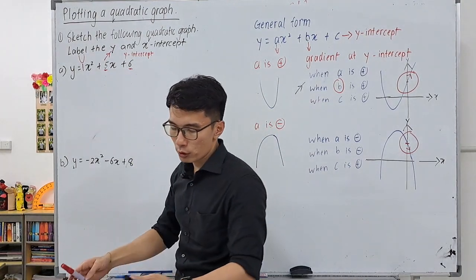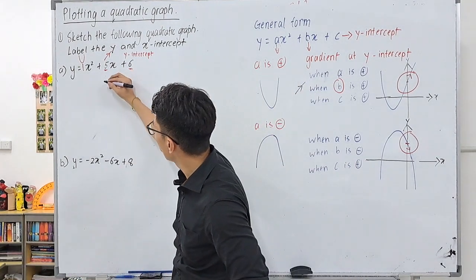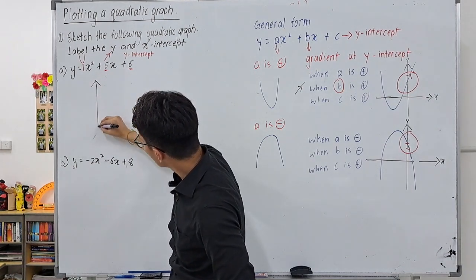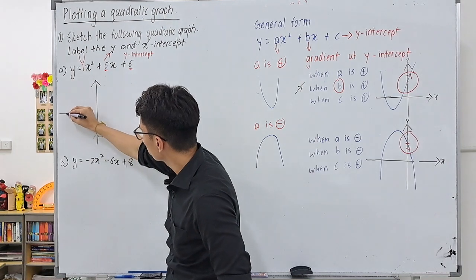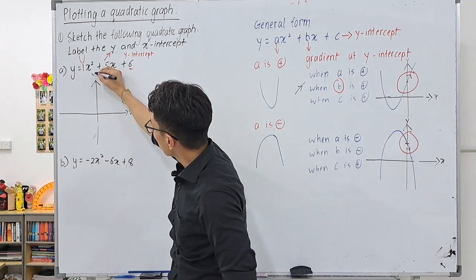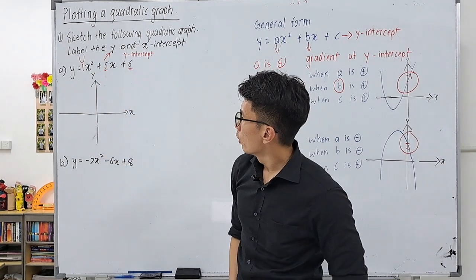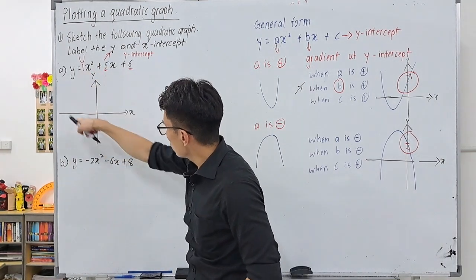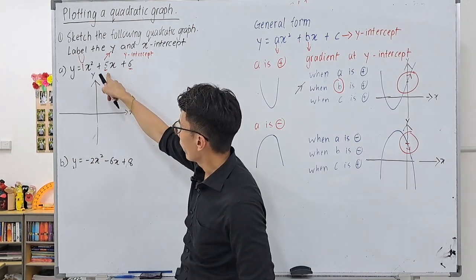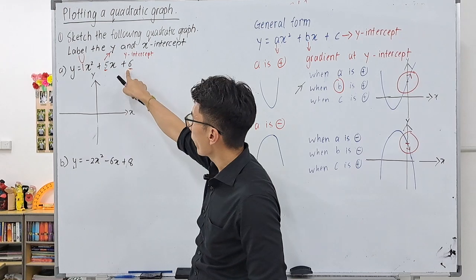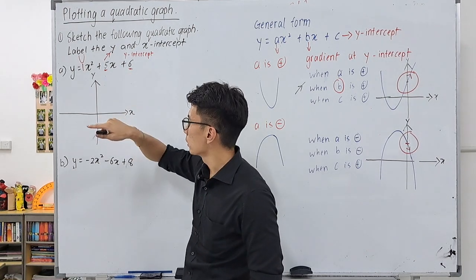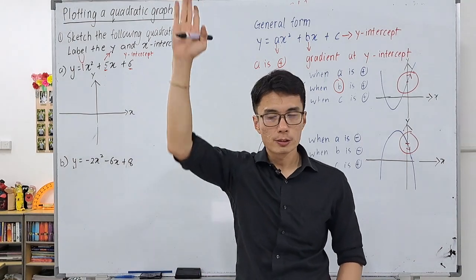So with this information, that is sufficient for me to plot my graph. So I will sketch my graph now. I will draw my axis first. Okay, so this is my x and this is my y. Okay, so it's going to be a smiley face, all right, and it's a positive gradient where the slope is cutting the y-intercept at 6, all right, in an upward gradient.